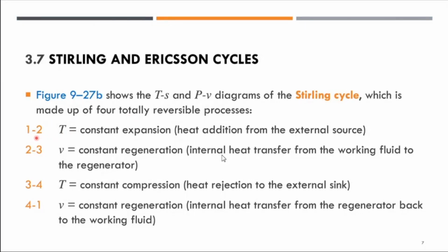Process 1 to 2, where temperature is constant, we have isothermal expansion, with heat added from an external source. 2 to 3, the volume is constant regeneration, internal heat transfer from the working fluid to the regenerator. 3 to 4, where the temperature is constant, compression, with heat rejection to the external sink. And 4 to 1, the volume is constant regeneration, internal heat transfer from the regenerator back into the working fluid.